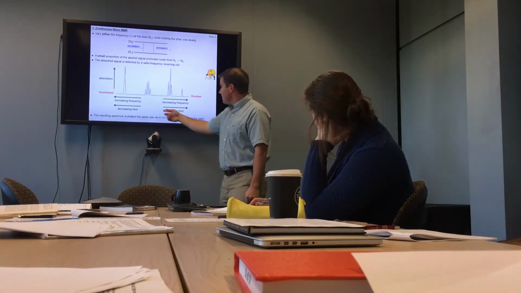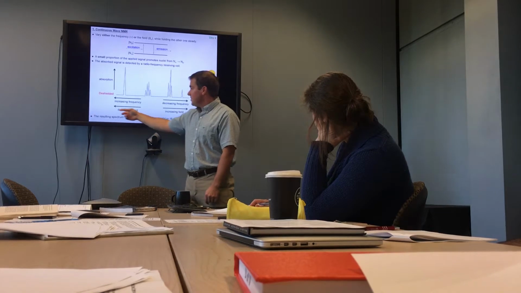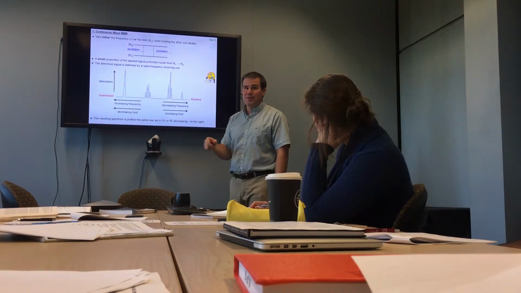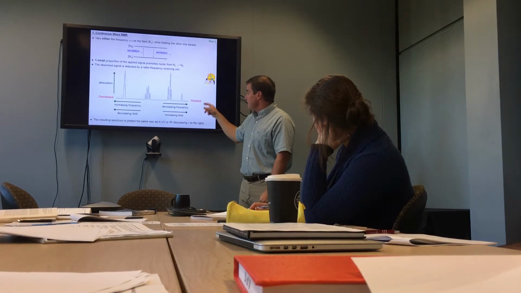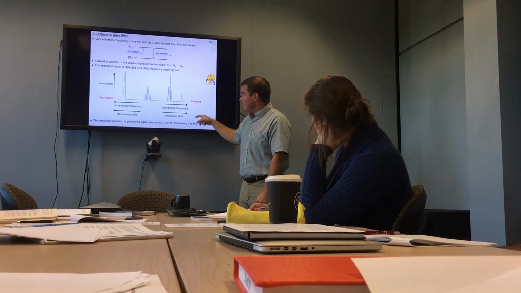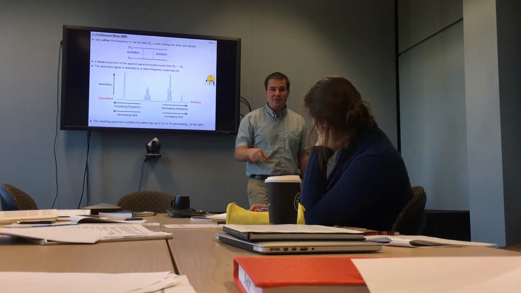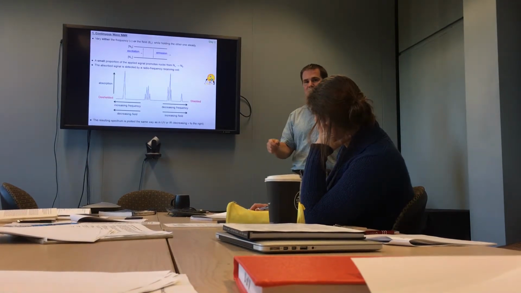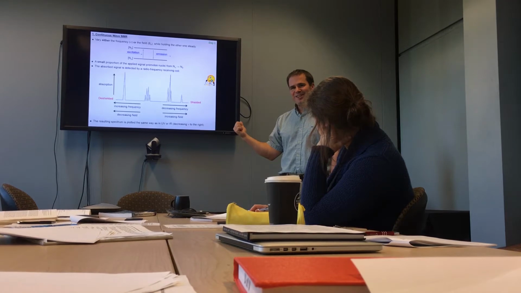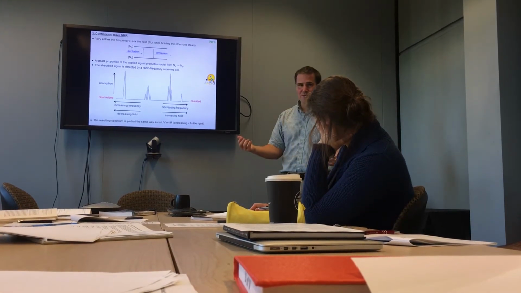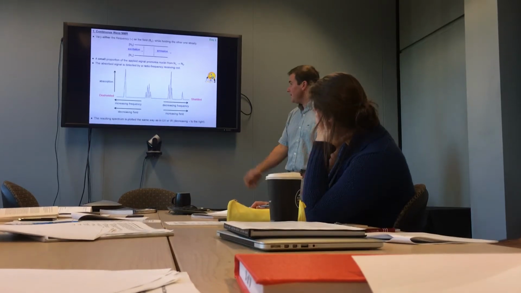So increasing field goes this way, decreasing field goes that way. That's why the stuff on the right-hand side of your NMR, we talk about being upfield, and the stuff on the left-hand side, we talk about being downfield. So upfield is the smaller numbers, downfield, bigger numbers. Sort of seems backwards, but that's where it comes from.